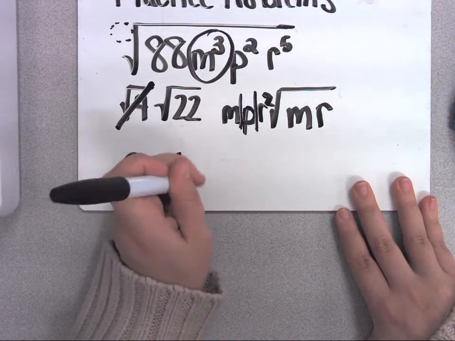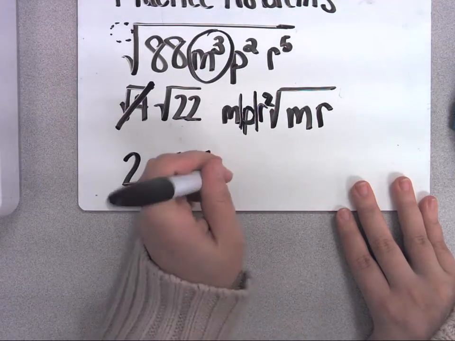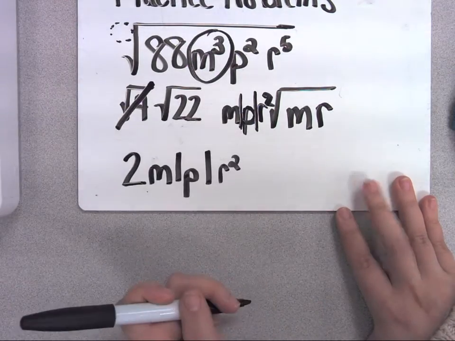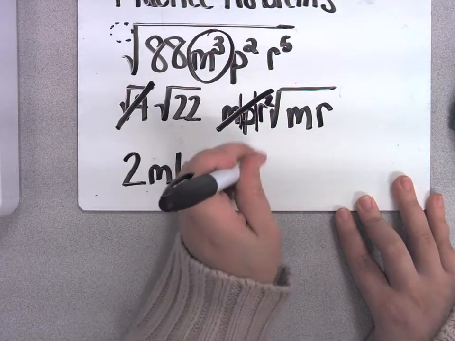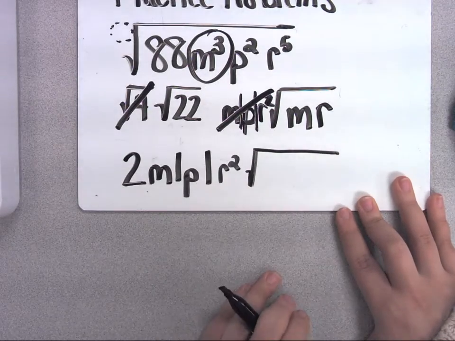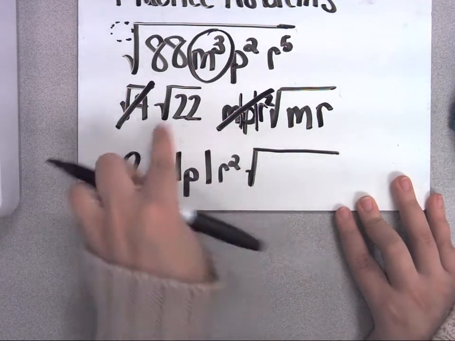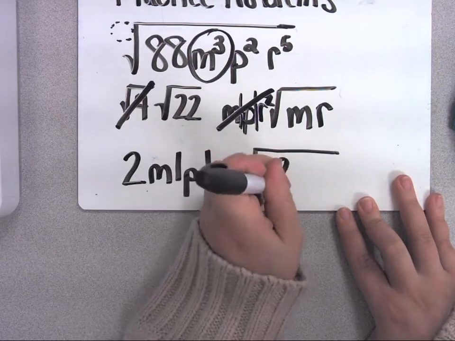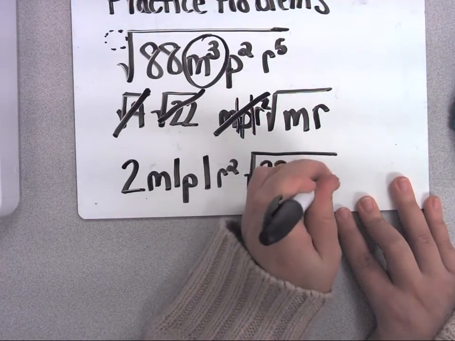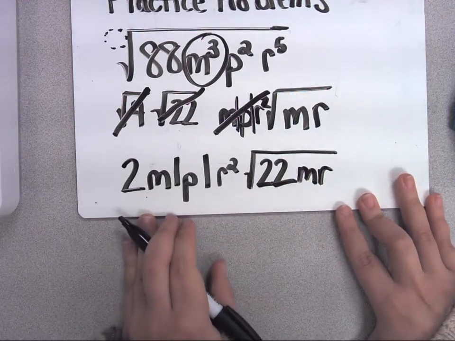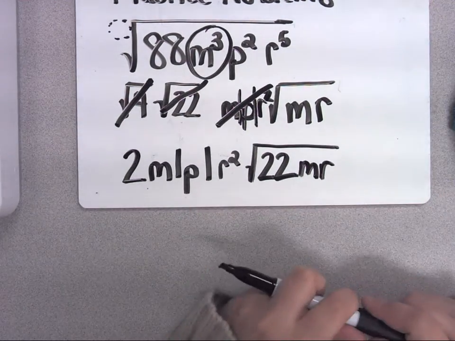I have the absolute value of p. I have r squared. Used all those. Now I'm going to write everything underneath. 22, left to right, 22 is in front. So I'm going to put 22 first. Then I'm going to write the variables that are left over. M, then R. And that would be my final answer.